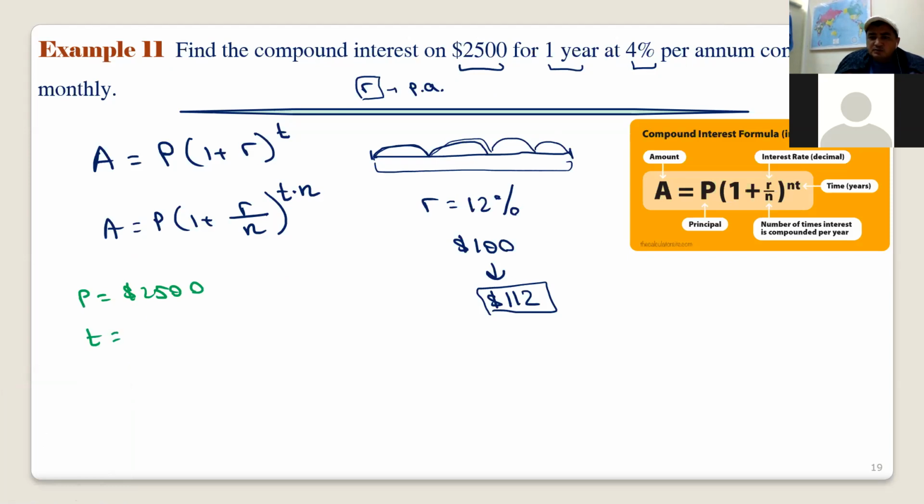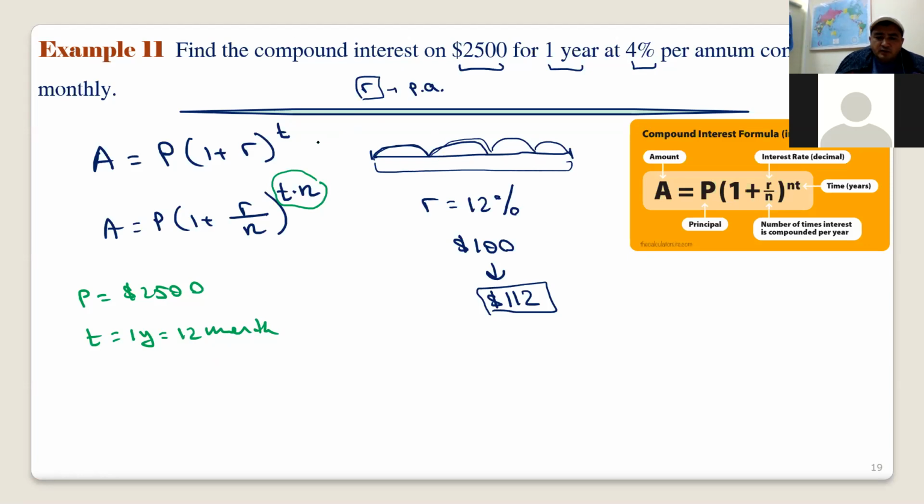Since it is compounded monthly, 1 year equals 12 months, because in 1 year your interest is compounded 12 times. So how many time intervals do we have in 1 year? We have 12. So this will be 12 times 1.